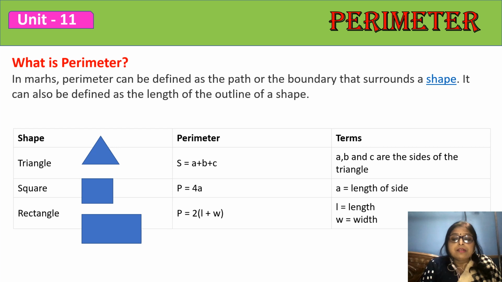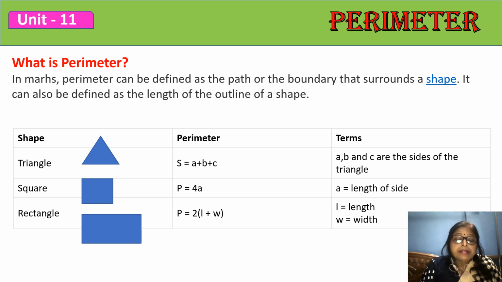Suppose there is the shape of a square. Then perimeter is equal to 4A. 4A means there are 4 sides in a square, so you write 4 here, and A denotes the length of the side.